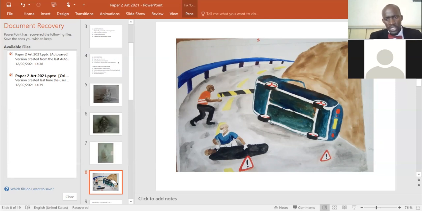If you look at the composition, you can see the action of the rescue taking place. But then the use of color, the choice of color for the background and the forms, we can say it is appropriate because we are able to see the forms.